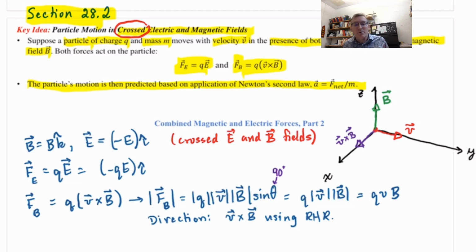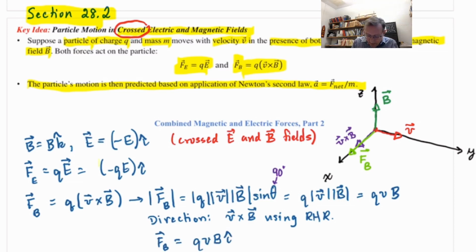Then you get the direction of the force. Depends on whether Q is positive or negative. If Q is positive, the force magnetic is in the same direction as V cross B. Well, that's what we've got here. So F B is like that. So my final expression for the magnetic force is QVB i hat.